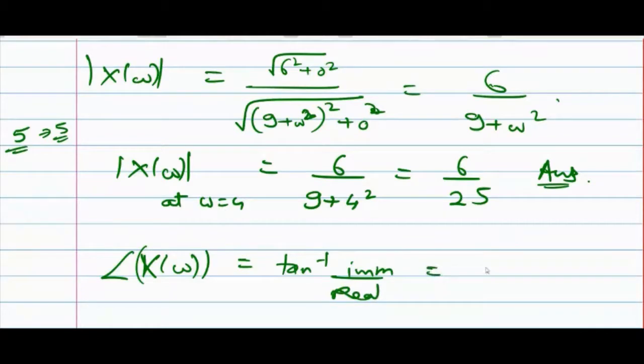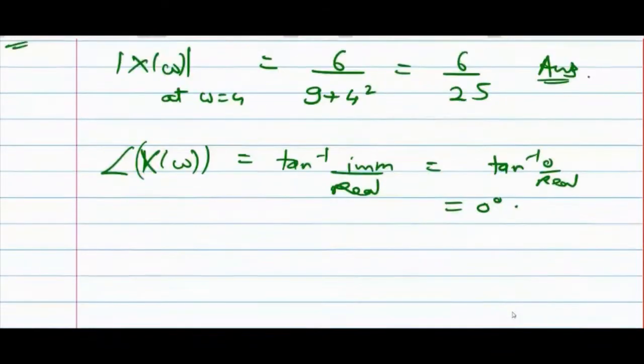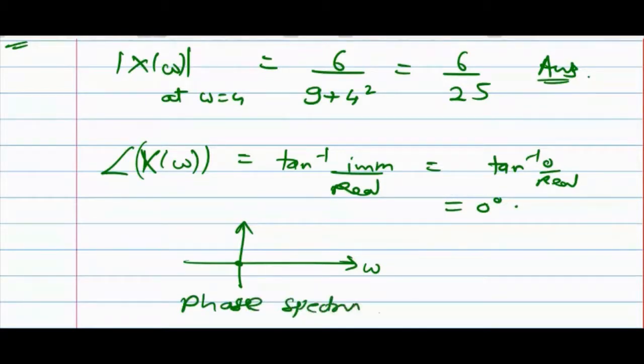Imaginary is 0, so this becomes tan inverse 0 upon some real. Tan inverse 0 is 0, so its phase spectrum will be 0 only. For all omega the phase spectrum will be 0. Whatever value of omega you take, you will get phase spectrum 0. This is the phase spectrum.